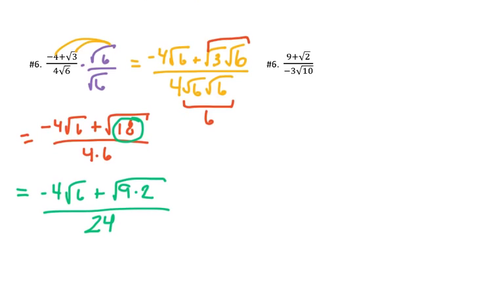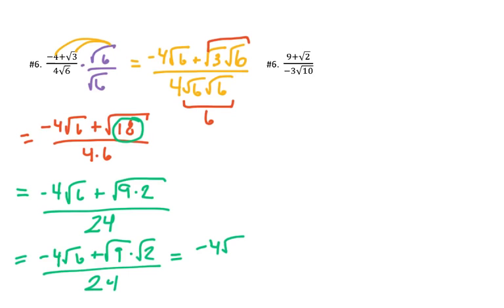Continuing with that top piece there, we have negative 4 square roots of 6, but now we're going to add that to square root of 9 times square root of 2. And remember that the square root of 9 is actually 3. So our final answer is negative 4 square roots of 6 plus 3 square roots of 2 all over 24.